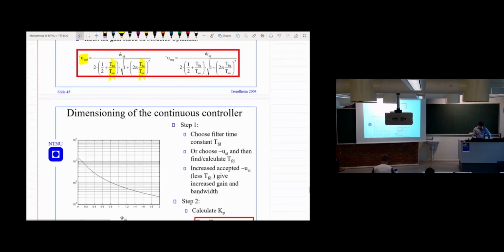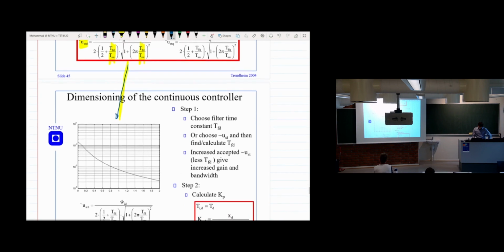And if you plot this equation, then you will see that we can calculate the time constant from this, maybe 8%, not more than 8%. If it's 8%, I think it's somewhere here. It gives us something like TFD over TSW.